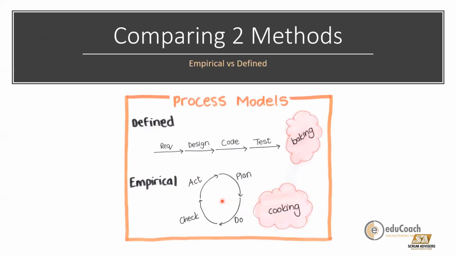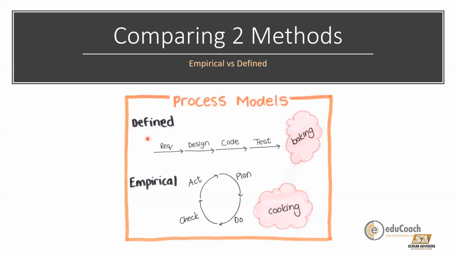Now, if we compare 2 methods, we can also compare them to baking and cooking. So baking is something where you have the ingredients, you know the recipe, you know the bake time, you mix everything up, you put it in the oven, close it, set the baking time, let it bake, and once it's baked, you get a finished product.